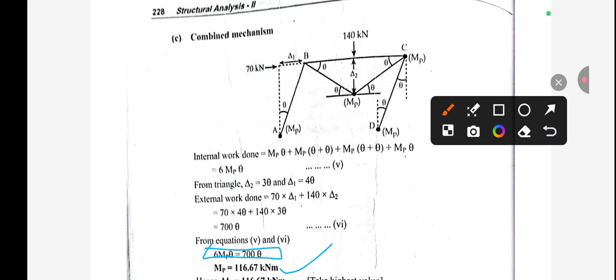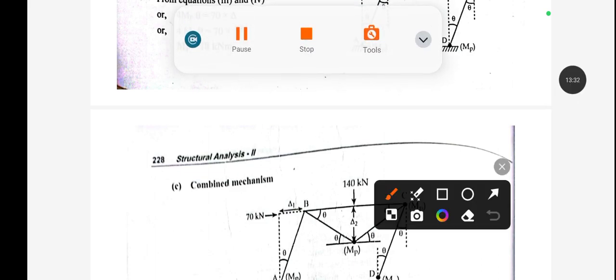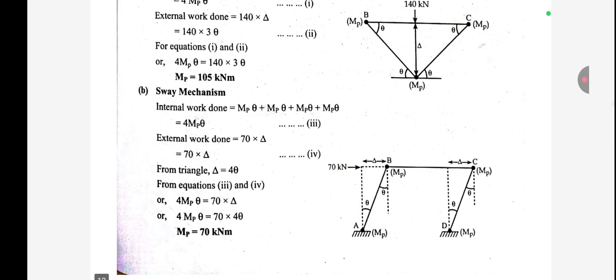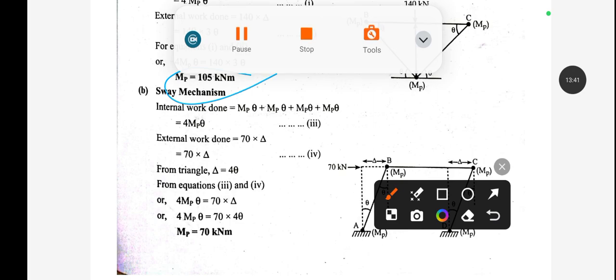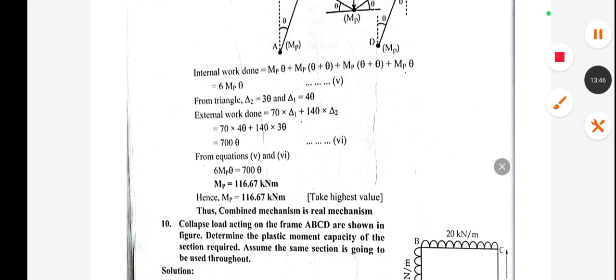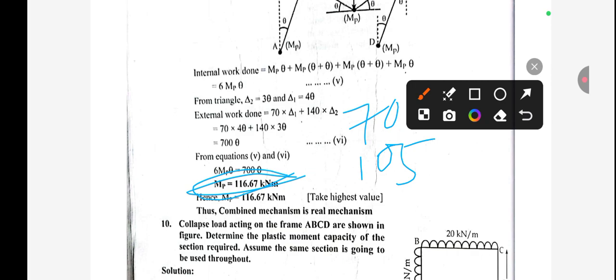From here you can see we get three different values of MP: 70, 105 and 116.67.